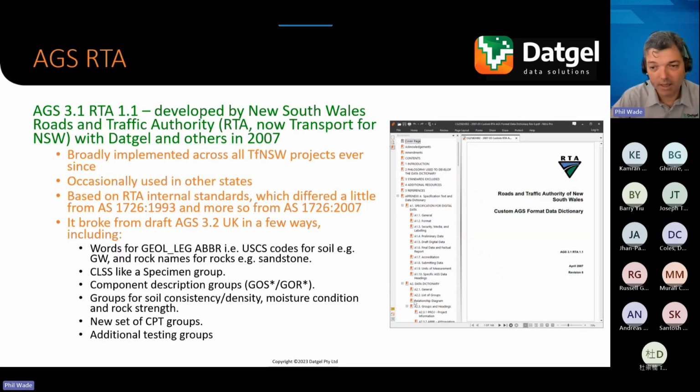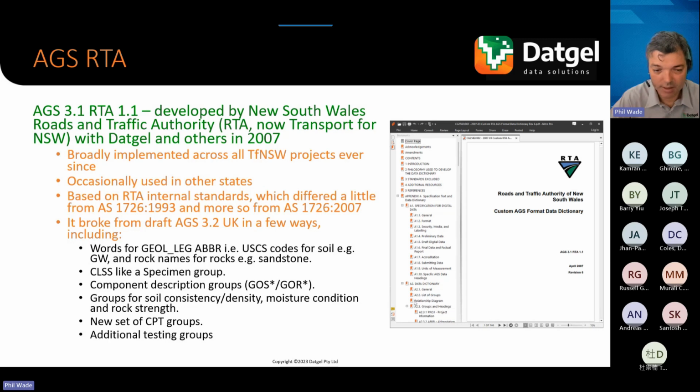So in Australia, a bit about the history of AGS format there. It started in 2006, and then finally in 2007, we released an AGS format that I developed for Transport for New South Wales, or at that time called the Roads and Traffic Authority of New South Wales.